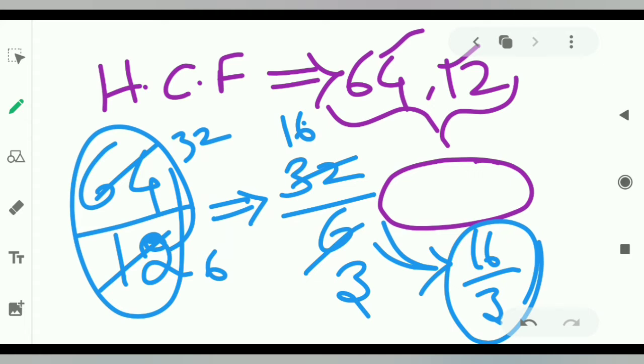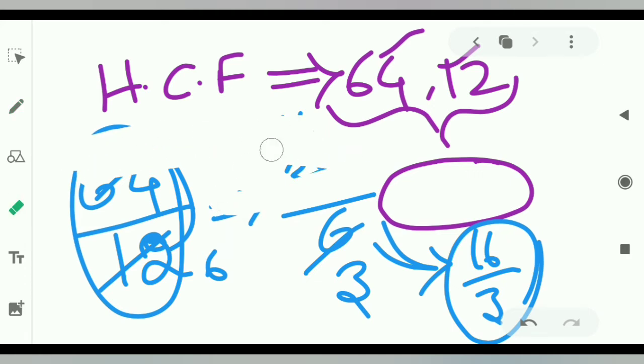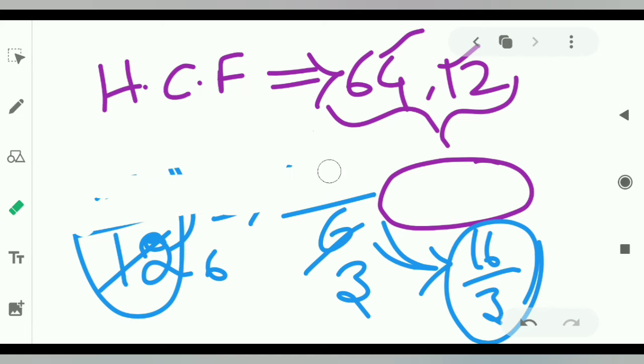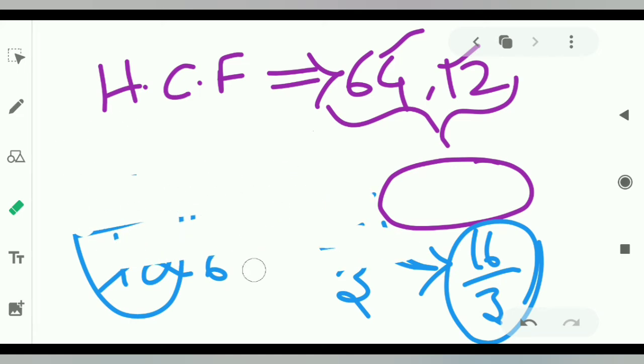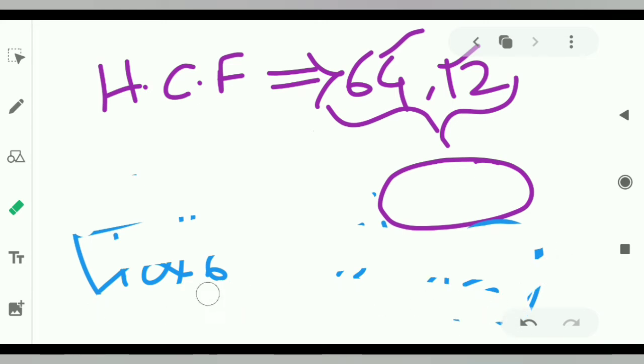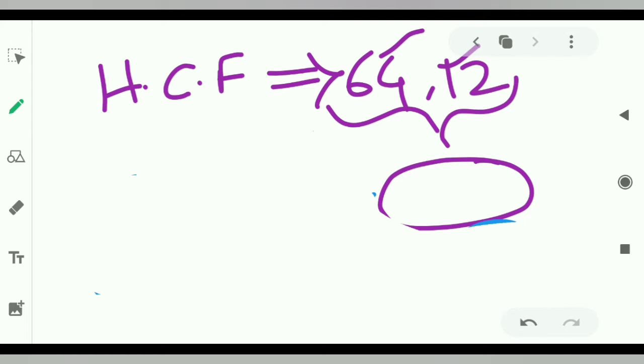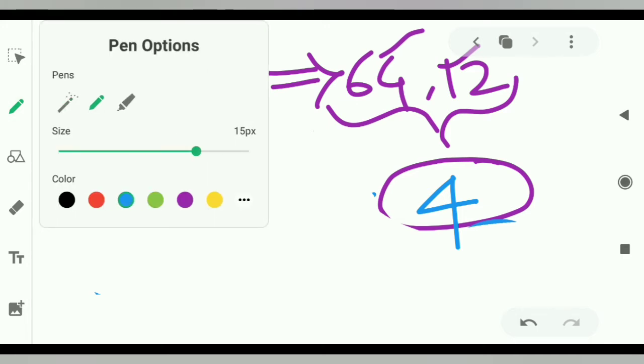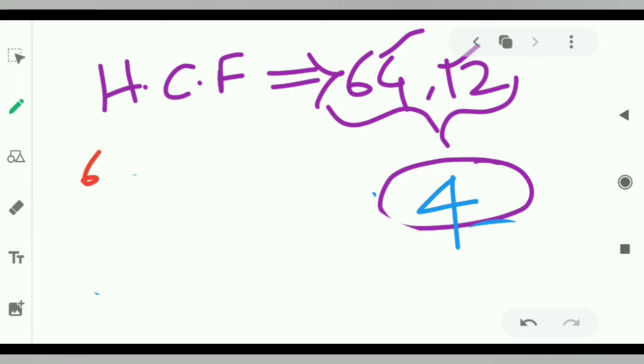In order to reduce these 2 steps to 1 step, we are taking HCF in our hands. Because when we take the HCF of 64 and 12, we will get HCF as 4 only. So if we know the HCF of 64 and 12 is 4, then it will be much easier for us to reduce 64 by 12 into smaller terms.